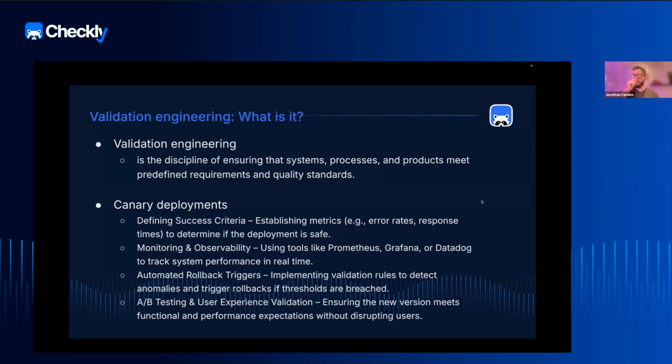But validation engineering is this sort of superset of both monitoring and testing, where it's not just about assuring quality up to a certain point, right? It's up to and through. It's making sure that in real life, sorry to put it that way, in real life, things are working the way that you expect. Philip, you have some thoughts here?